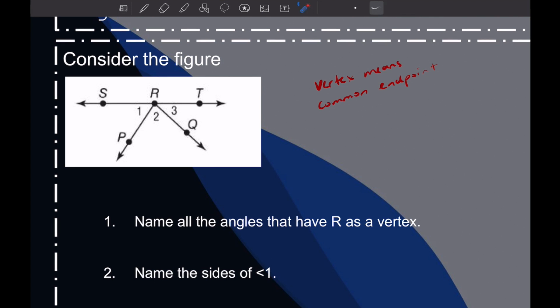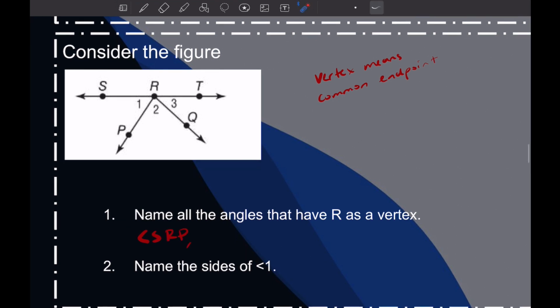So you can go from S to R to P, and R again, it has to be in the middle, so we can call that angle SRP, or you can call this angle PRS, and then we can also call this angle 1, right?